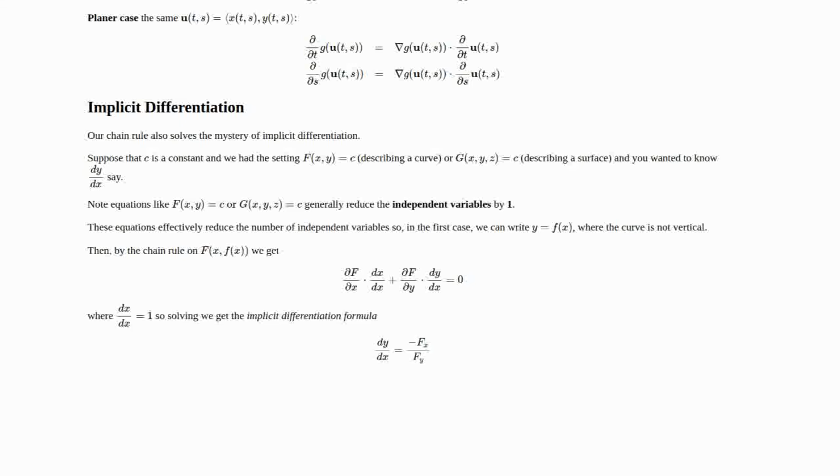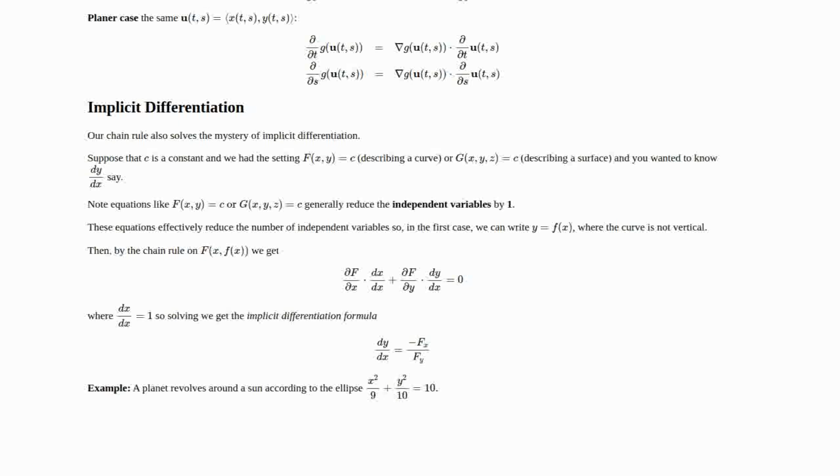The derivative of the constant is 0. And now we also know that dx/dx is equal to 1. So solving, we get the implicit differentiation formula dy/dx is equal to minus the partial of F in x over the partial of F in y.